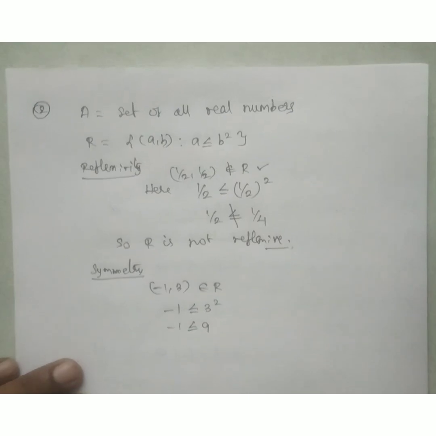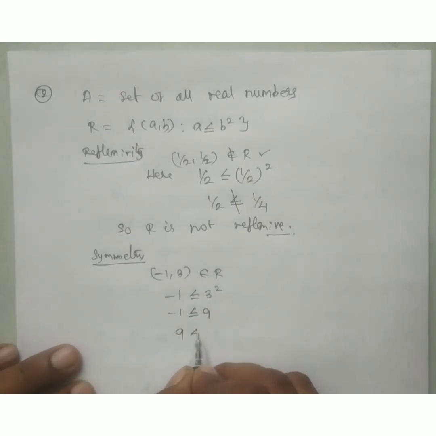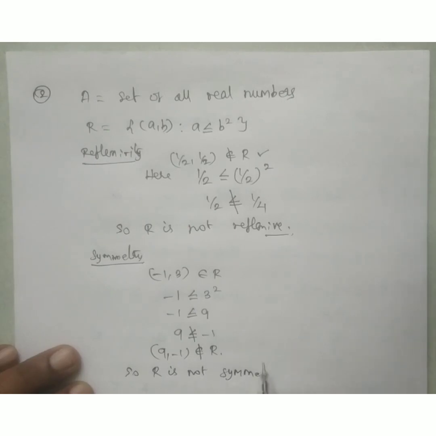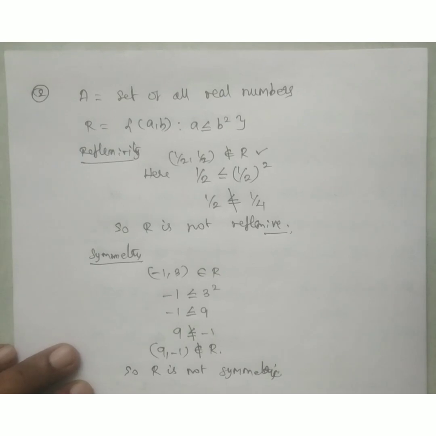But what about the reverse? 9 less than or equal to -1, is it true? No. So clearly (9, -1) does not belong to the relation. So R is not symmetric. Clear?